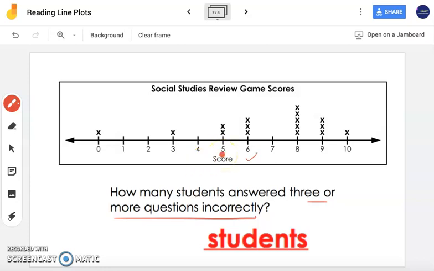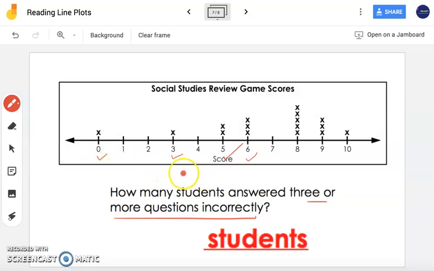5, if they scored a 5, that's showing me I got 5 incorrect and 5 correct, so we can count the 5. And notice no one has 4, but same for 3. That's showing me I answered 3 correct and 7 incorrect. And same with 0, they got no answers correct. They're all incorrect answers.